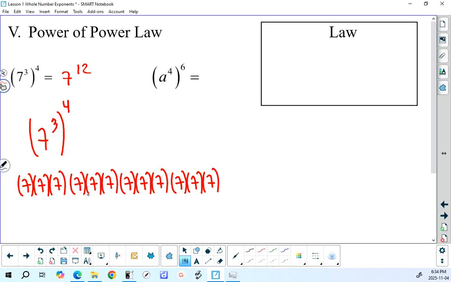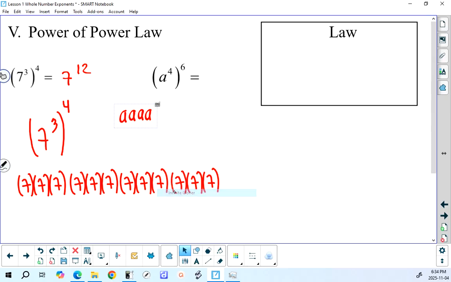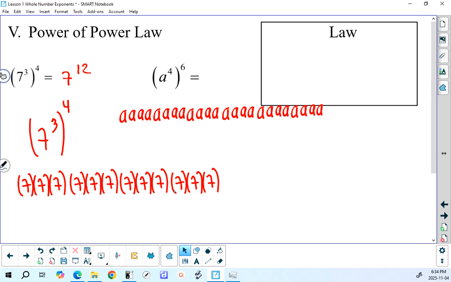We could do the same thing here. A to the 4 is 4 a's. If we have a total of 6 of those, that's 1, there's a second, there's a third, there's a fourth, there's a fifth, and there's a sixth. See, at some point you have to come up with a rule because you don't want to have to do this and start counting all of these things.